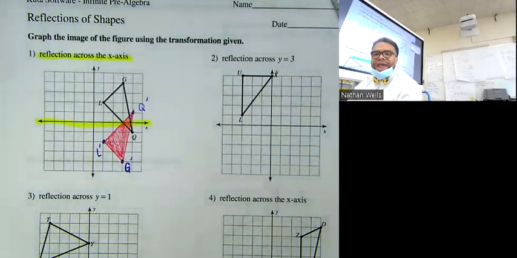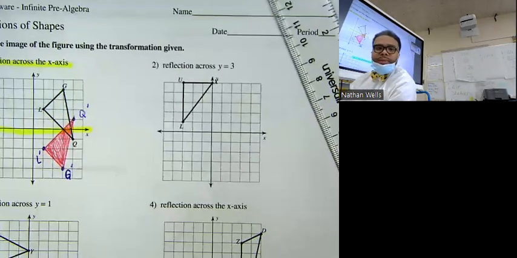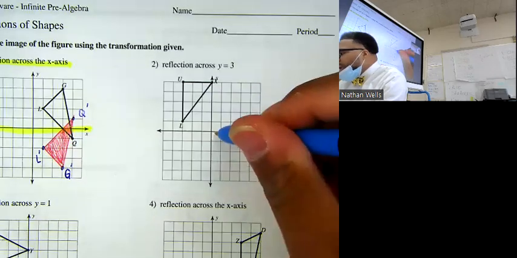Let's take a look at number 2. Number 2 says reflection across y equal to 3. First of all, where is y equal to 3?